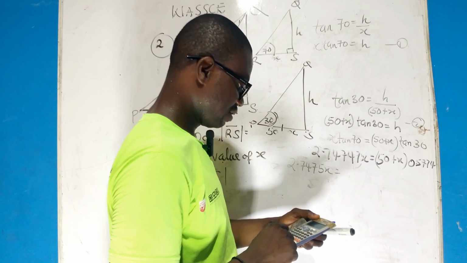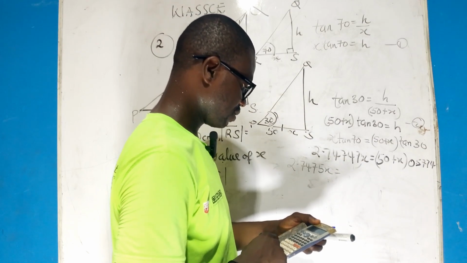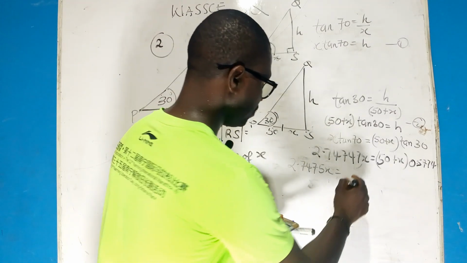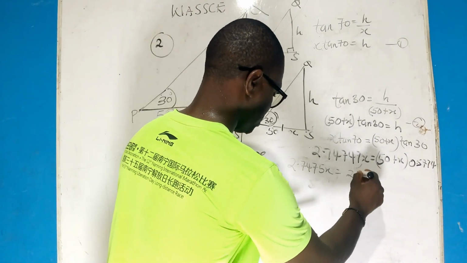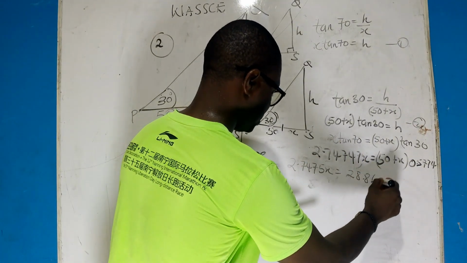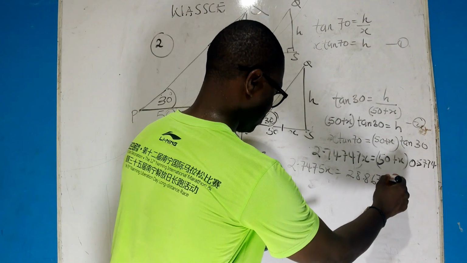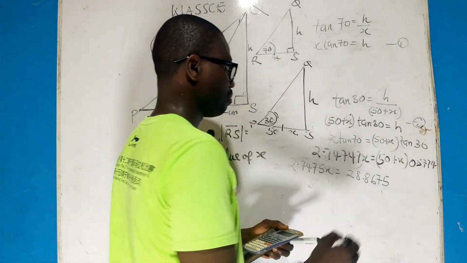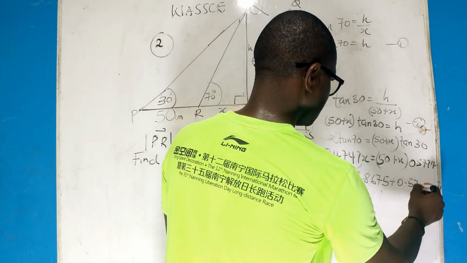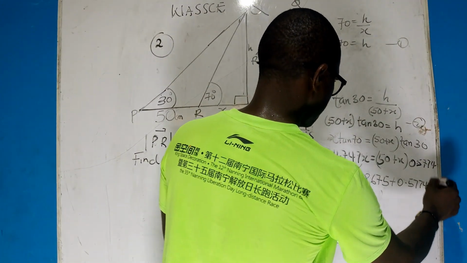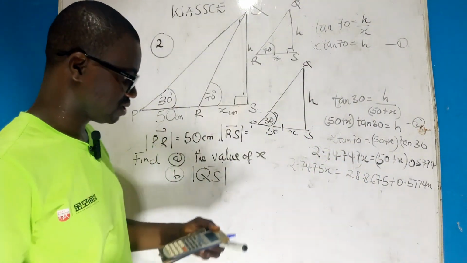So multiply 50 times 0.5774, which will give you 28.8675, plus 0.5774x. So let's make x the subject.